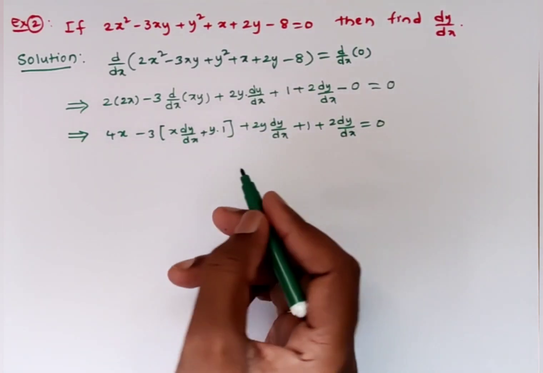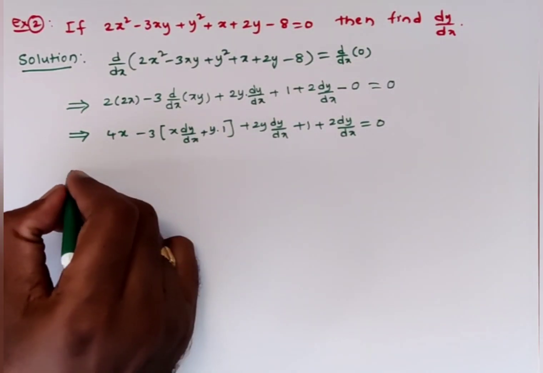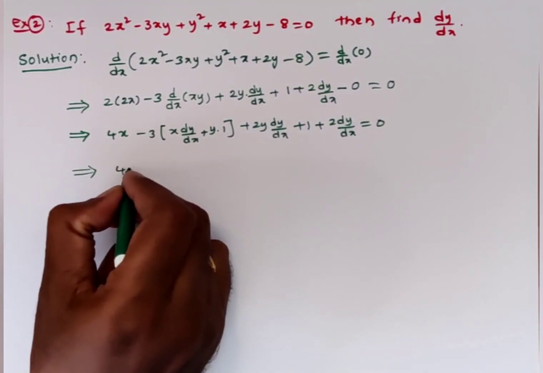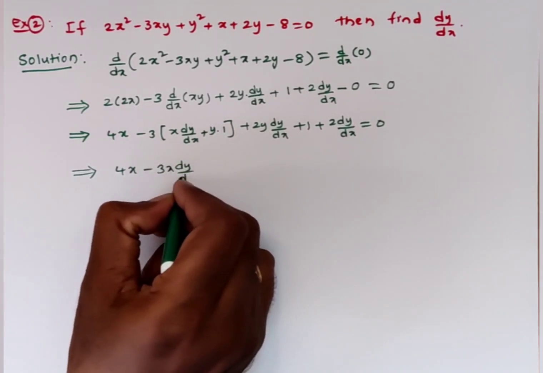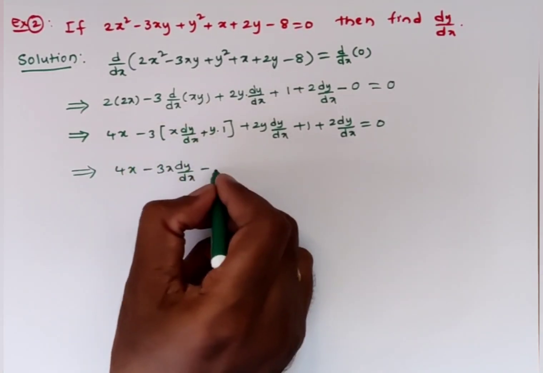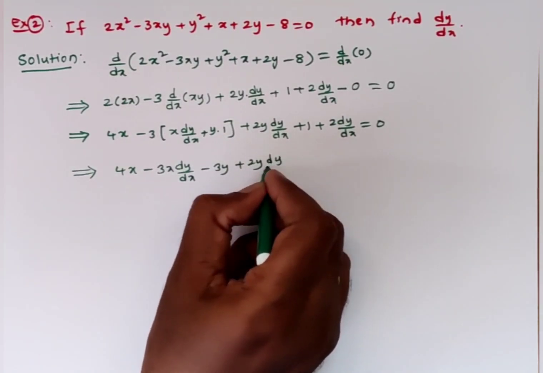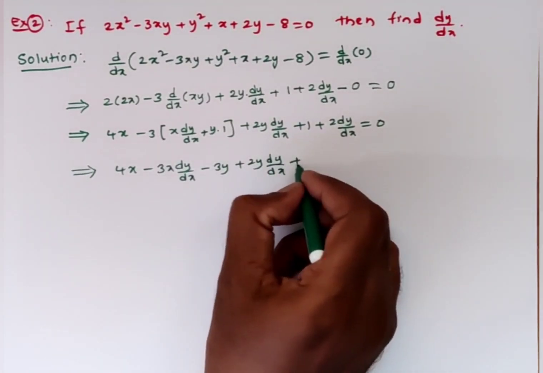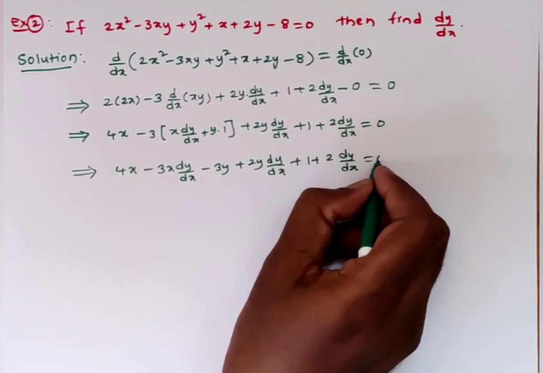Now we need to separate dy by dx from this. Before that, this is 4x minus 3x into dy by dx minus 3y plus 2y into dy by dx plus 1 plus 2 into dy by dx is 0.